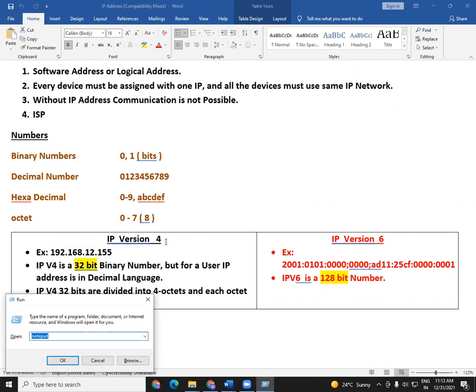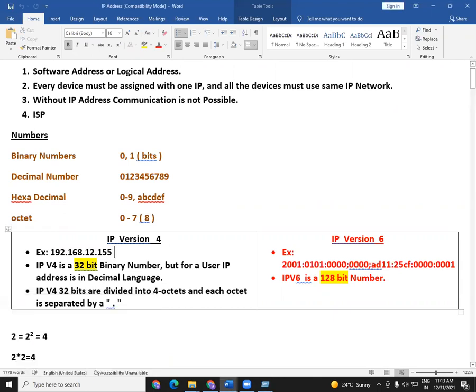But if I say instead 192.168.275.1, this number is actually incorrect. We cannot use a number like this in our IP address. 192 is correct, 168 is correct, as well as 1 is correct. But the third octet, the third group that you see there, is 275. That is not possible. Now let us see why it is not possible.